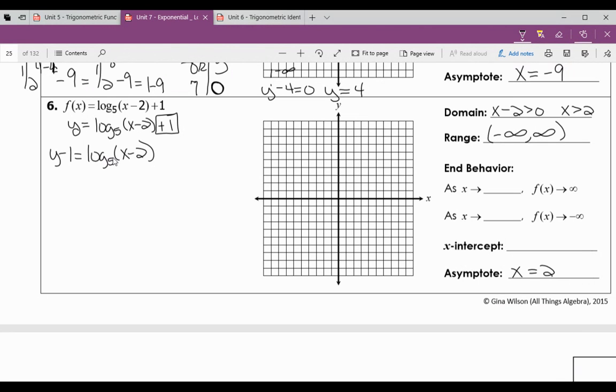Now you're ready to take your base number. So 5 is going to be raised to the y minus 1 power, and that's going to equal the group x minus 2. And then the final step would be to add 2 to both sides to get x by itself.